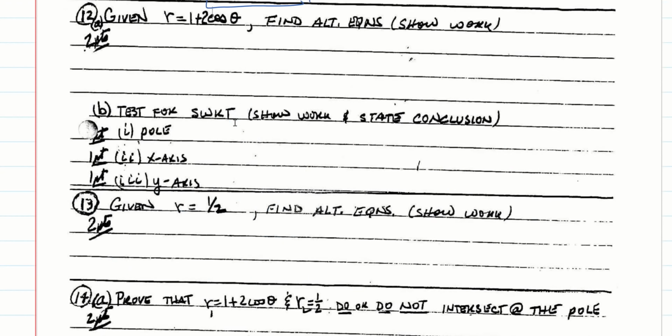So given r equals 1 plus 2 cosine theta, find alternate equations, show work. So for this, you have to rely on this equation, r equal to -1 to the n times f of theta plus n pi.